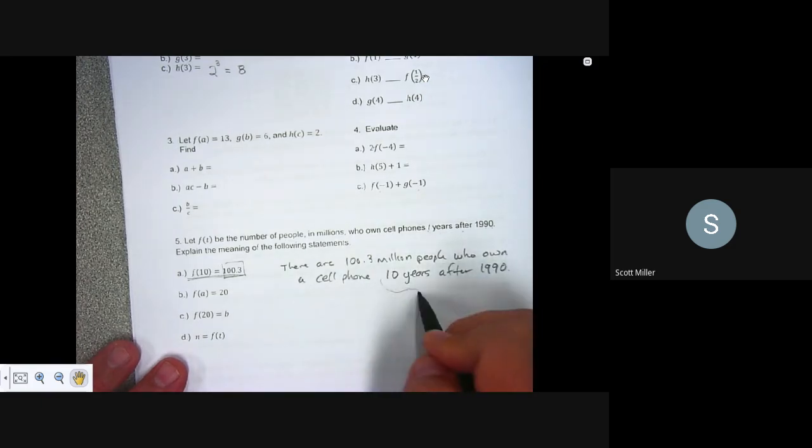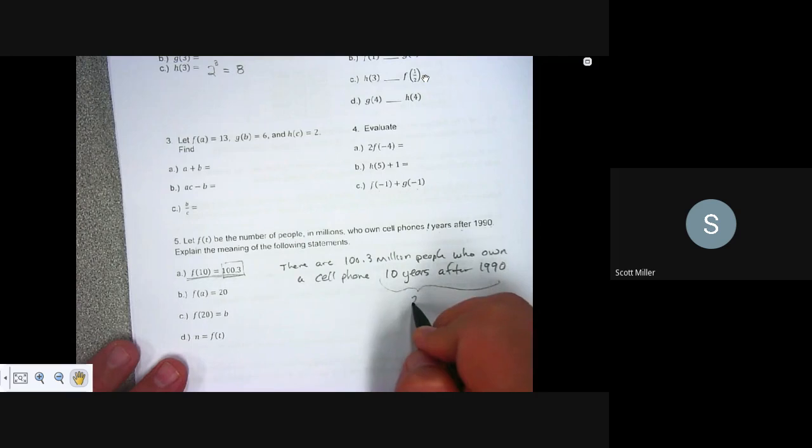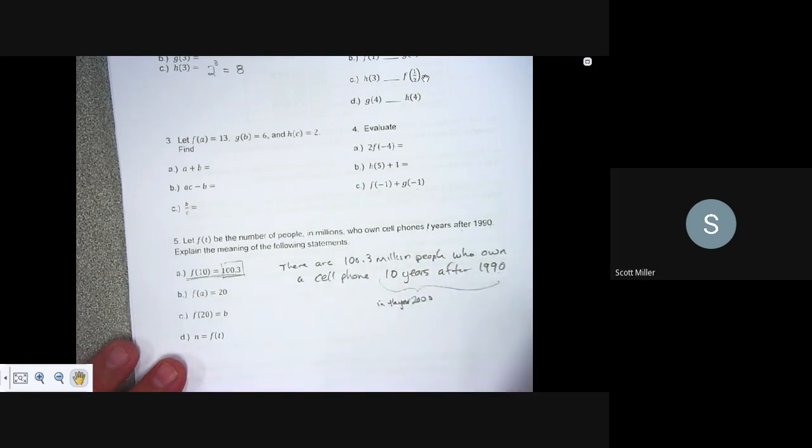Or you can redo that as what? In the year 2000. 10 years after that would be the year 2000, right? So you can say it that way also. Or you can say it this way. That is what you would write for that.